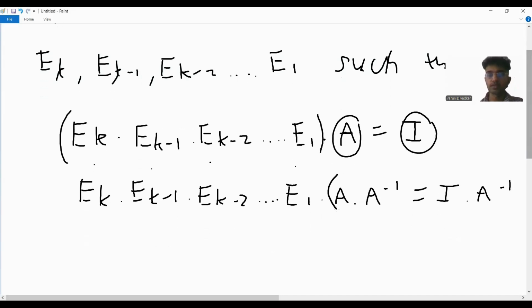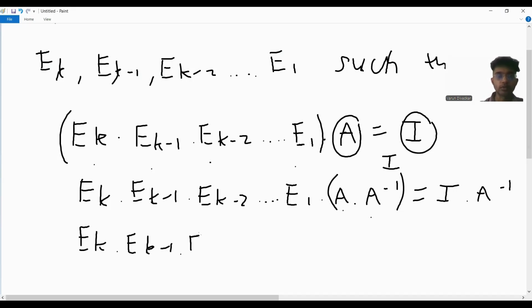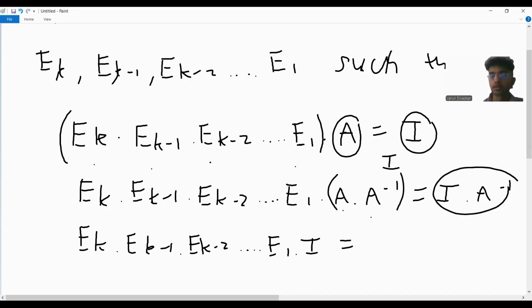So if you just look at this A into A inverse, this happens to be I, because A multiplied by its inverse should give you I. So Ek into Ek minus 1 into Ek minus 2 dot dot dot E1 into I equals, and this I into A inverse is nothing else but A inverse, right? So this equals A inverse.